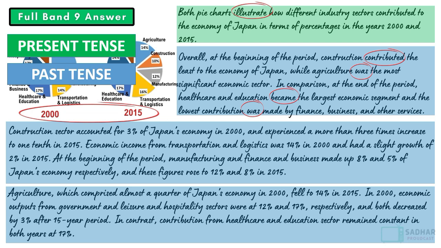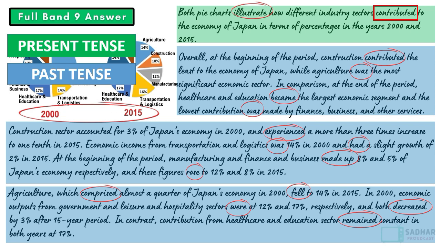So take a look, get all these words: contributed, was, became, was. Experienced, was, had, made up, rose. Comprised, fell, were, decreased, remained.